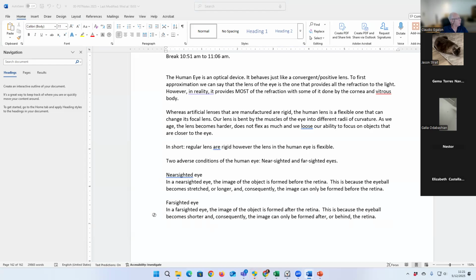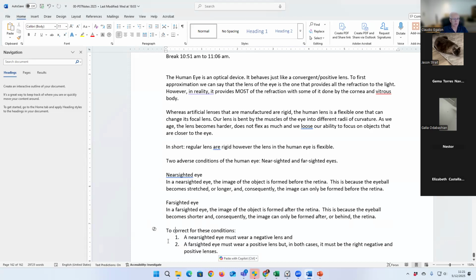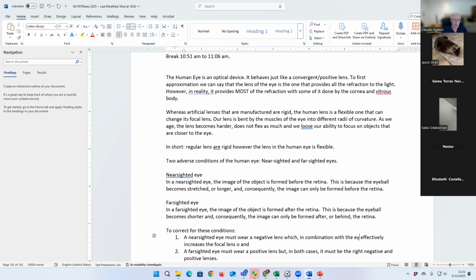To correct for these conditions, okay? A nearsighted eye must wear a negative lens, which effectively increases the focal length, which in combination with the eye's lens effectively increases the focal length of the whole set, right?